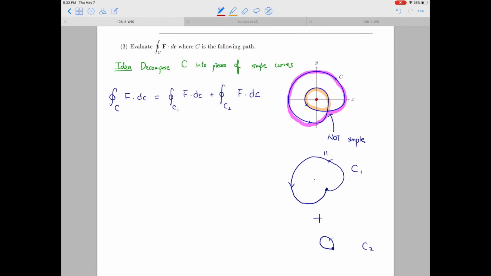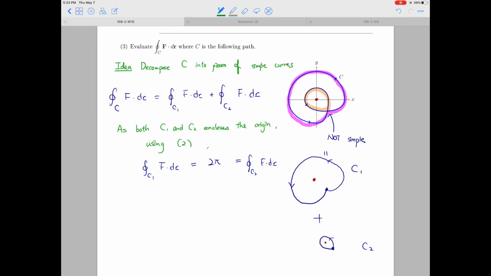The origin is here, inside both loops. So as both C1 and C2 enclose the origin, using part 2, I know that the line integrals over C1 and C2 of f dot dr both equal 2 pi, because as long as your curve is a simple closed curve that encloses the origin, the line integral equals 2 pi.